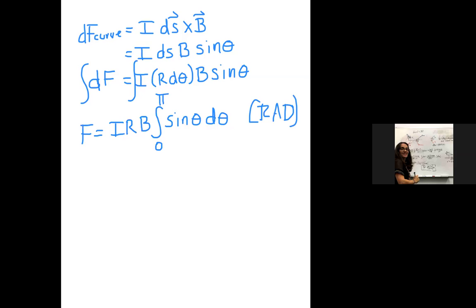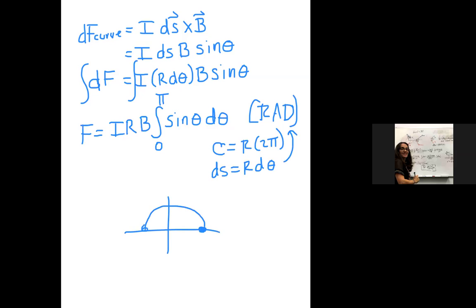Because the circumference is only 2 pi r when we're in radians, and therefore ds is only r d theta when we're in radians. So it must be in radians. So we get the integral of sine theta d theta from 0 to pi. 0 to pi because if we look at our curved wire, we're going from 0 to pi.